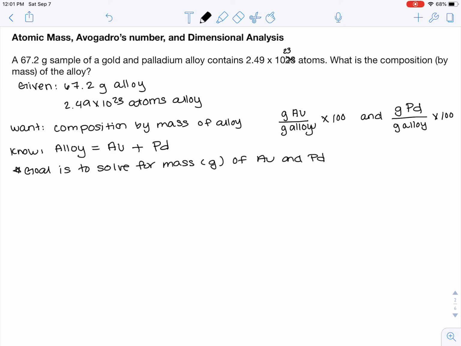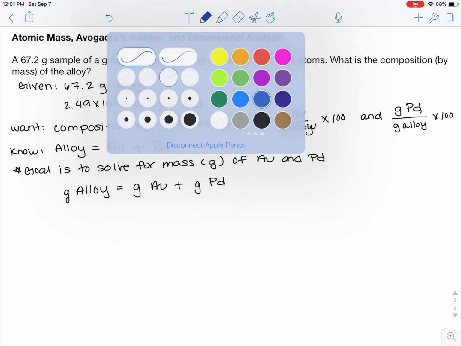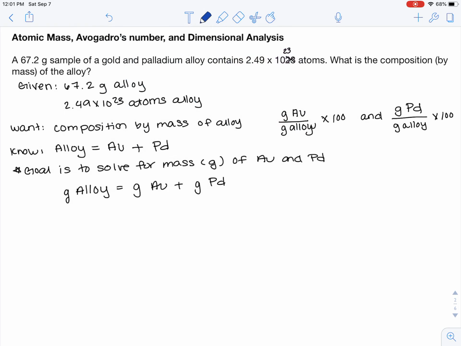You can say that grams of alloy is equal to grams of gold plus grams of palladium. A good thing to do is just to create an equation and plug in what you know. Let X be gold and Y be palladium. And then this comes out to be 67.2 grams is equal to X plus Y.